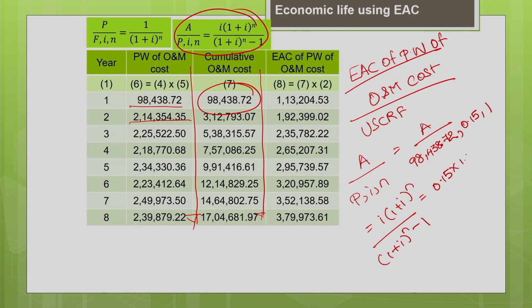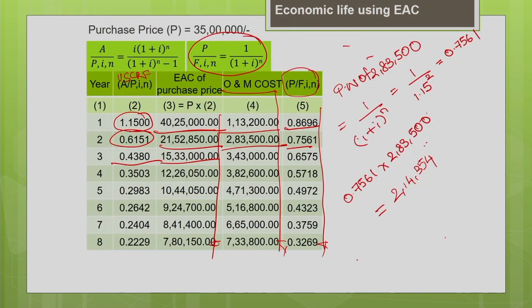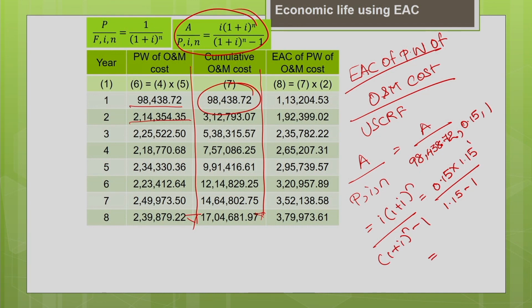0.15 into 1.15 for the year 1, it is 1 divided by 1.15 minus 1. This gives me the uniform series capital recovery factor, as we have already estimated, for all the years 1.15. You multiply this factor by the operating and maintenance cost present value, that is 98,438.72.